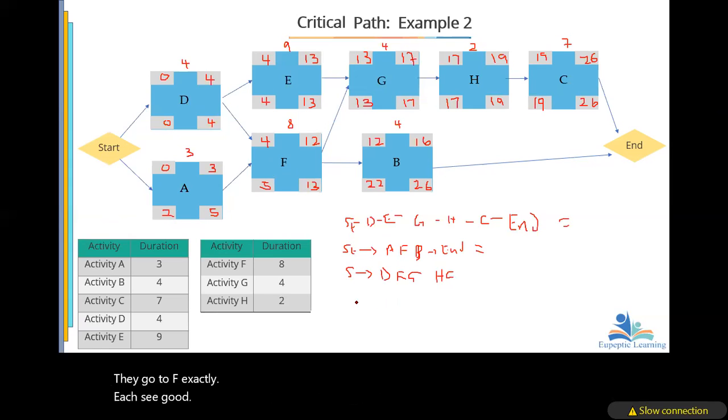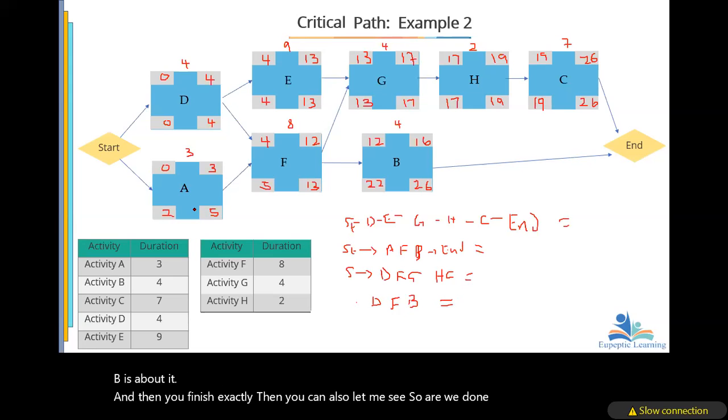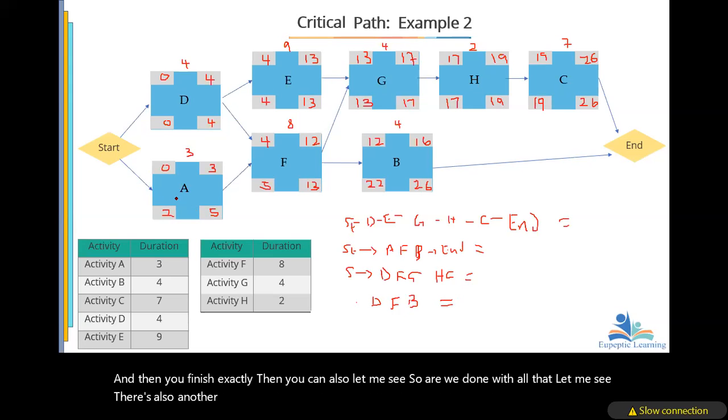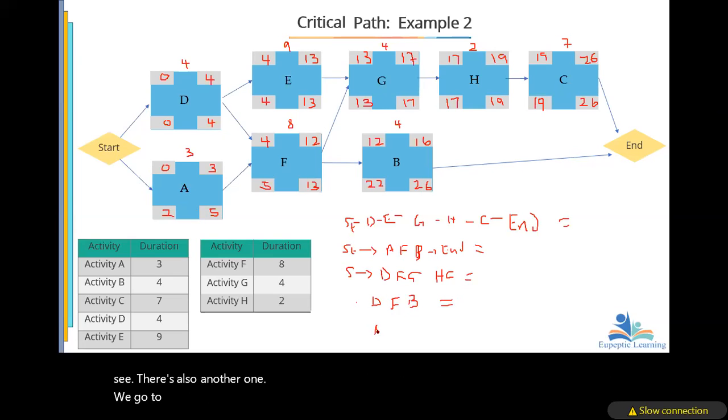Then you can also go to D, then you go to F, then you go to E, B, and then finish. Exactly. Then let me see, are we done with all that? There's also another one. That's the A. We go to A, then we go to F. Exactly. Then G, H, C. Exactly. J, H, and then C.